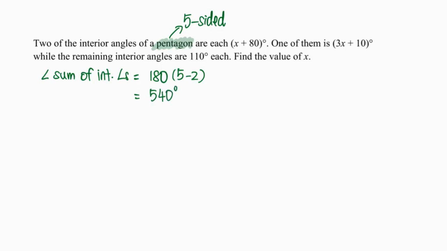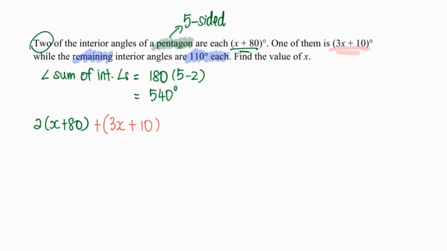Okay, now all I have to do, 2 is this. So you will see that I have a 2 times x plus 180. 1 is this. So I will have to add one of them. And the remaining 110 each.